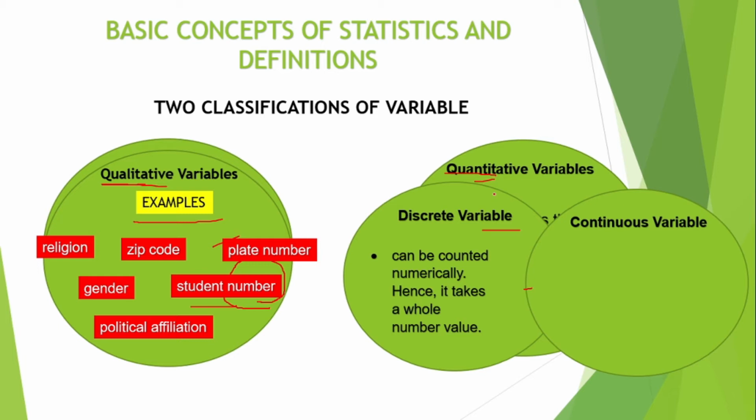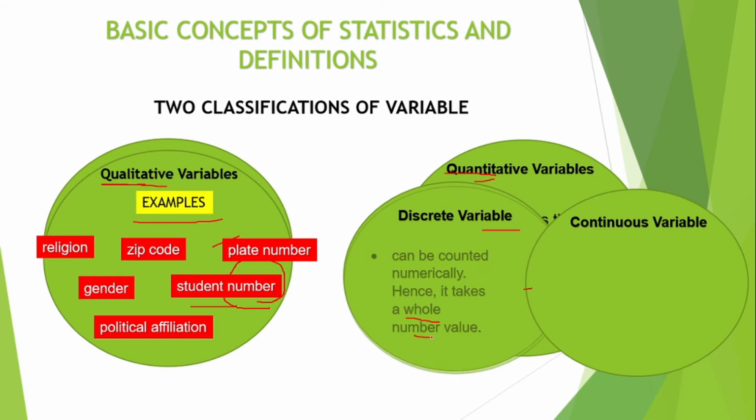A discrete variable can be measured or counted numerically. Hence, it takes a whole number value only. Hindi dito yung may mga decimal, hindi dito included yung mga fractions because it's stated there that it can be counted numerically, kahit na gamitin mo lang yung kamay mo sa pagbilang. And yung sagot lang dito is just a whole number.